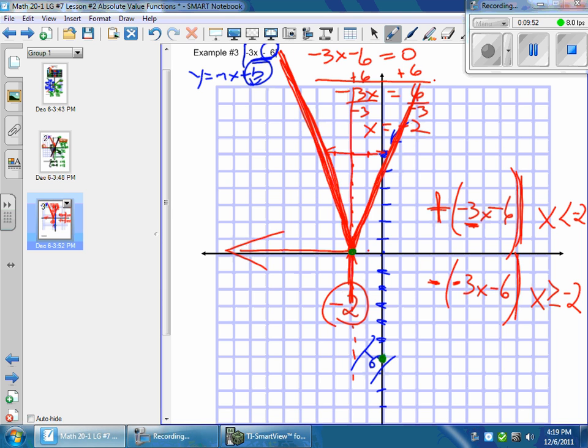This point will always be the same, whether you're talking about the intercept of the x-axis or the x-intercept when you're talking about the line. There is the original line before we did the absolute value. So that is actually your minus 3x minus 6.